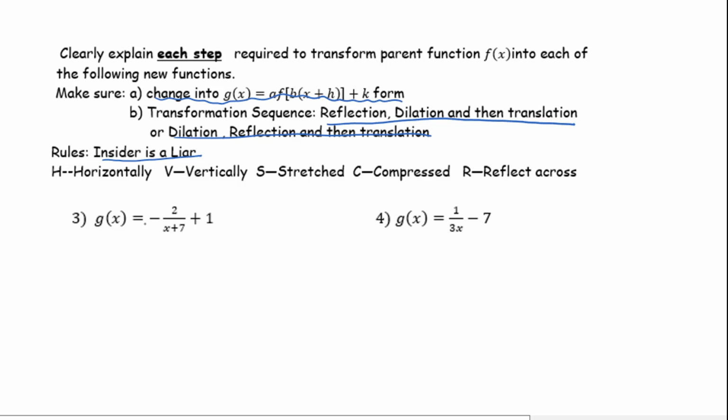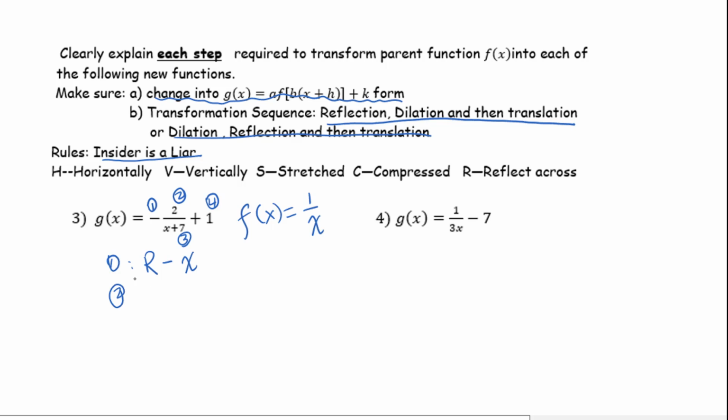Let's go to number 3. g of x equals -2 over x plus 7, plus 1. We know the parent function is 1 over x. This is a rational function. Therefore, this is the first step, second step, third, and fourth step. For the first step, this is a reflection across the x-axis.